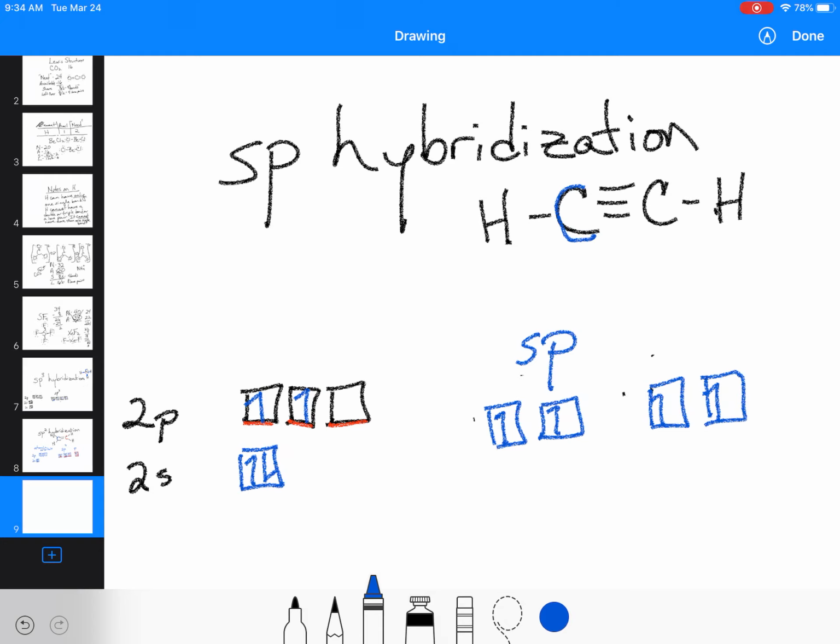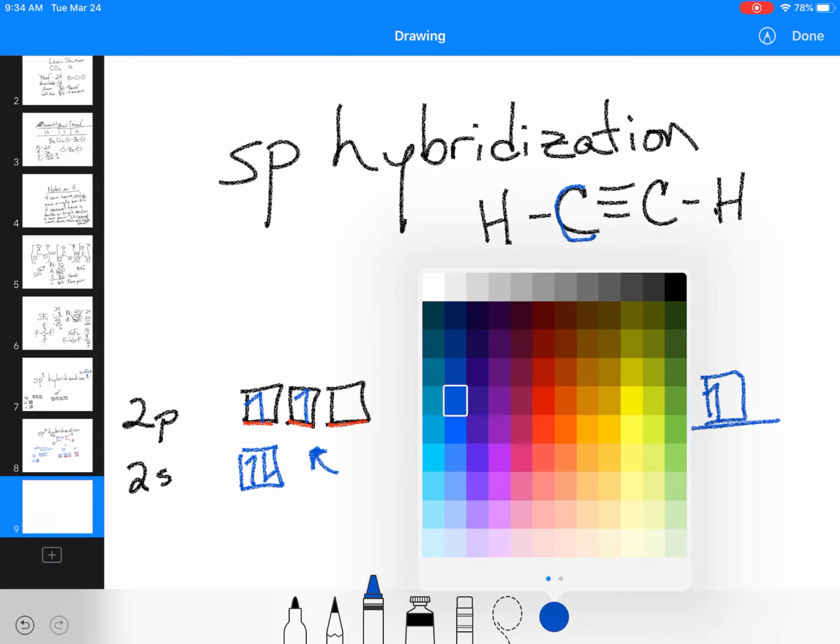So the 4 electrons that were in 2s and 2p on this side are now spread out, and pretend like this is all equal energy. I know I kind of went up a little there. So I've got the 4 electrons spread across these bonding orbitals.